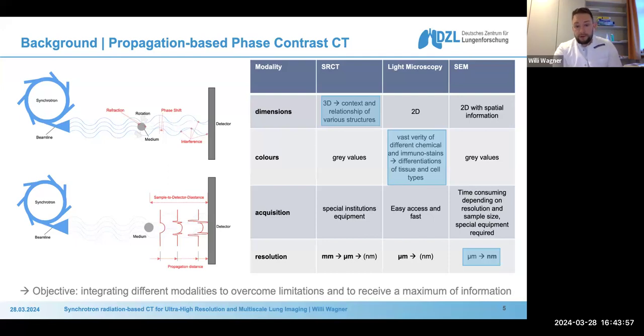Yeah, and then on the right-hand side here, I have put down some of the perks of different imaging modalities. What synchrotron CT is delivering for us is basically the three-dimensional structure at a very high resolution, and we can change that resolution, of course, with limitations to our field of view, in whatever way we want.